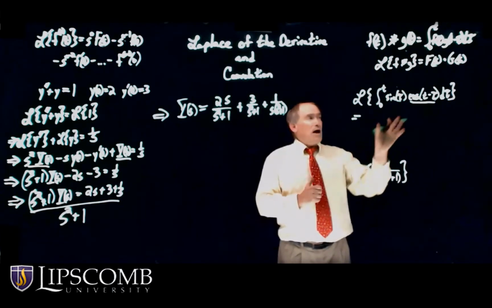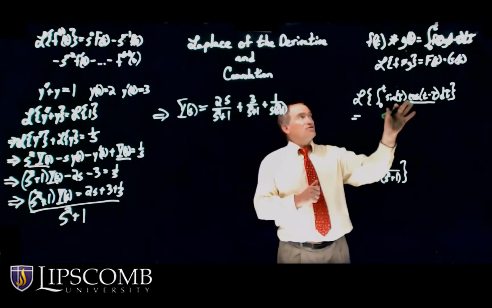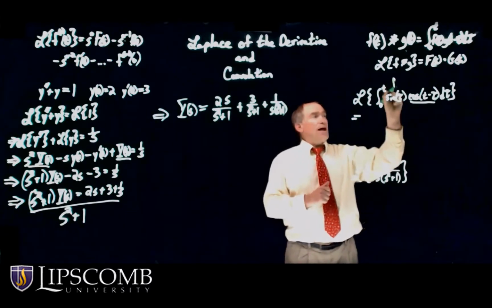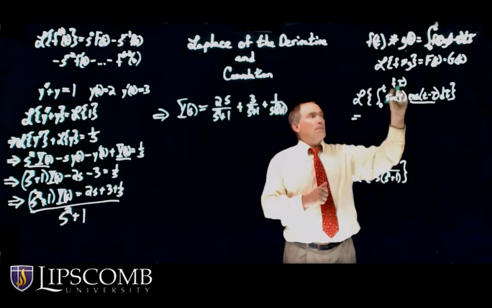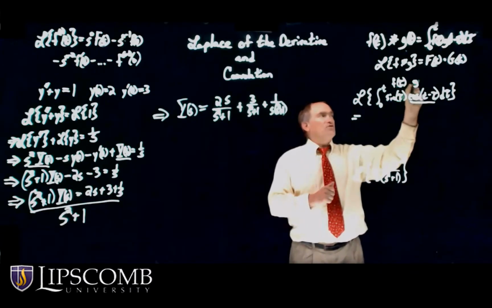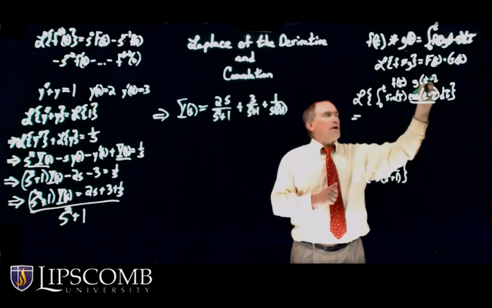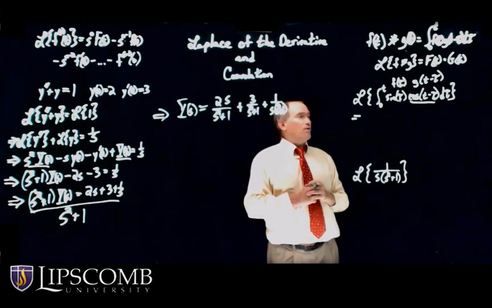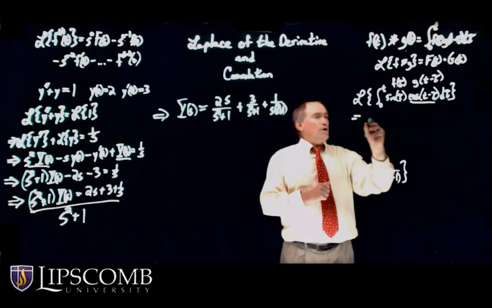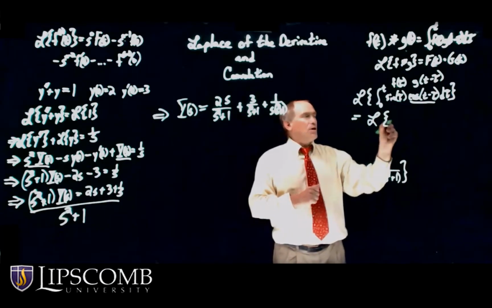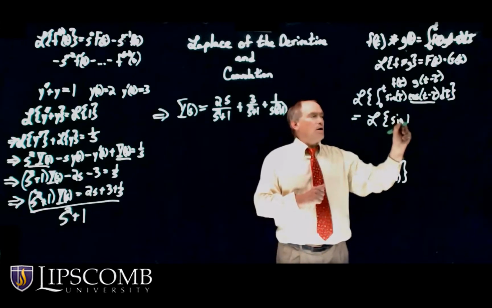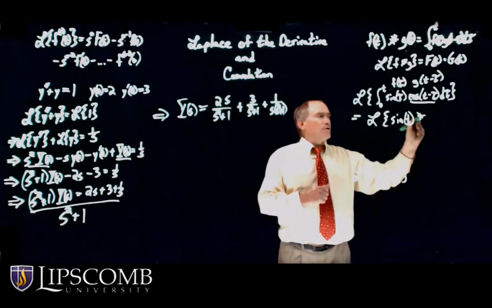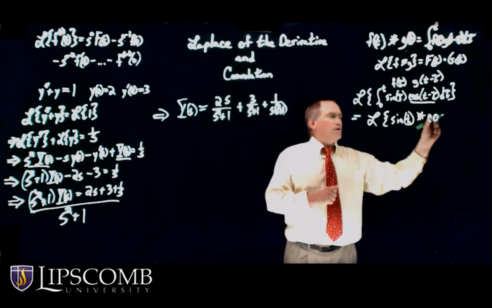So the one thing I notice is if this is my f and cosine is my g, look what I've got. I've got f of tau, g of t minus tau. So this is really the Laplace of sine of t convoluted with cosine of t.